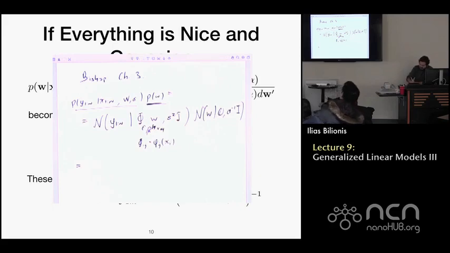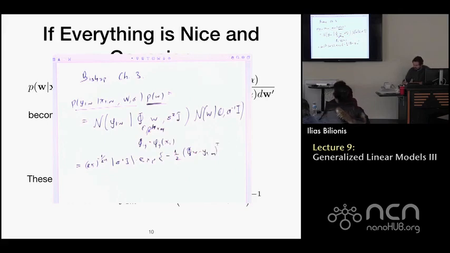You should get something like this: (2 pi) to the minus n over 2, determinant of sigma squared I to the minus 1/2, times exp of minus 1/2 (Phi w minus y) transpose, sigma squared I inverse, (Phi w minus y).